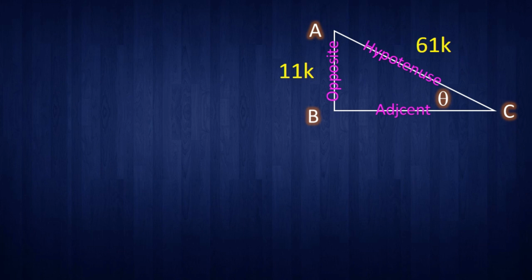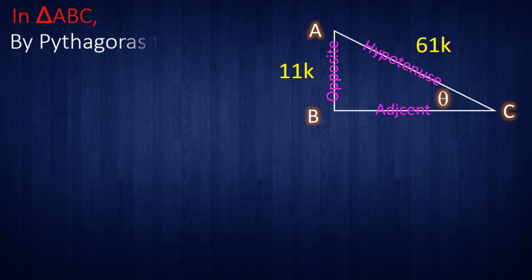Here check in the figure, BC is absent. To find BC, we will apply Pythagoras theorem in triangle ABC. In triangle ABC, by Pythagoras theorem, for the hypotenuse you have to take first AC square and the remaining sides AB and BC. So AB square plus BC square.